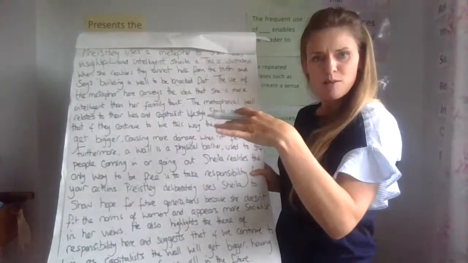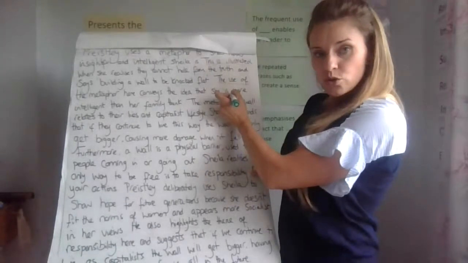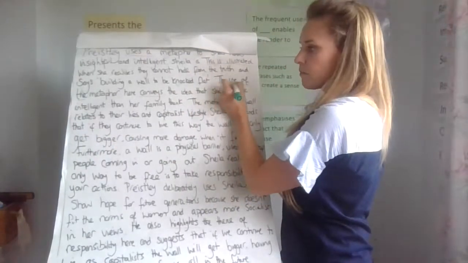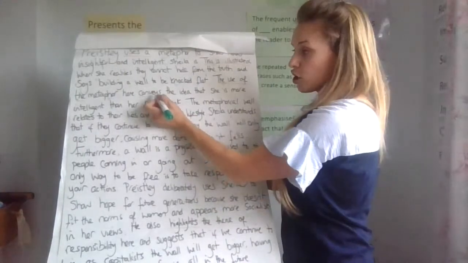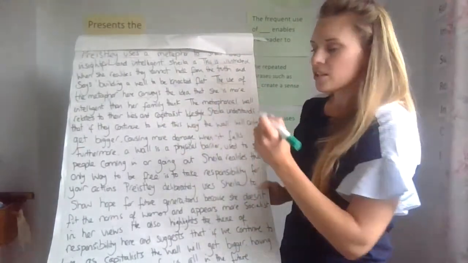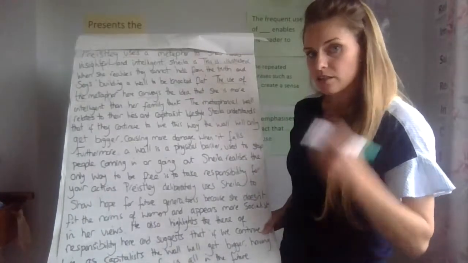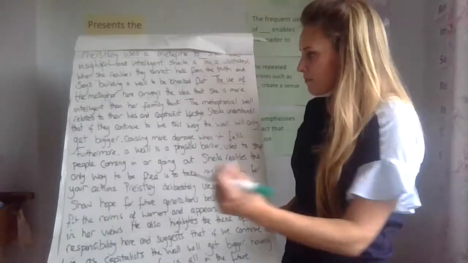Evidence done. I'm on a grade 4. Rock on. The use of the metaphor, double tick, conveys, tick, the idea that she is more intelligent than her family think. Okay, so I'm starting to show some understanding here.